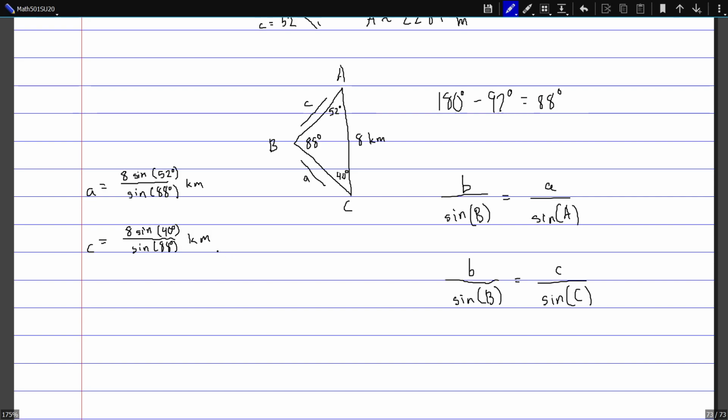Since we're dealing with a real-world problem, we could leave our answers in exact form, this plus 8, but it makes more sense to give ourselves some approximations to work with. The length for a is going to be approximately 6.31 kilometers.